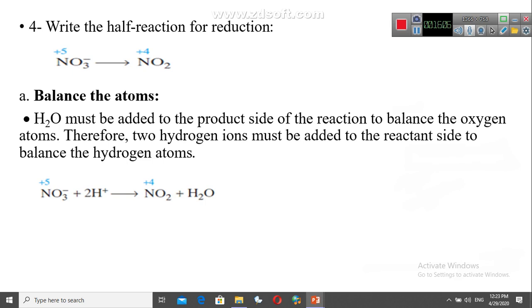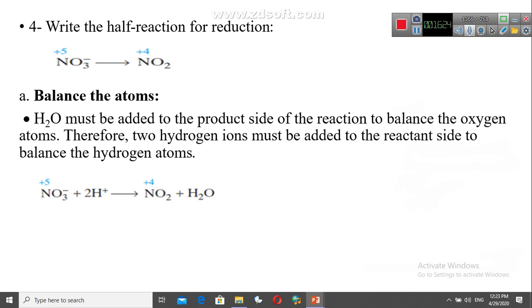Then NO3 plus 2 hydrogen ion produces NO2 plus H2O. By this process we balance the atoms.